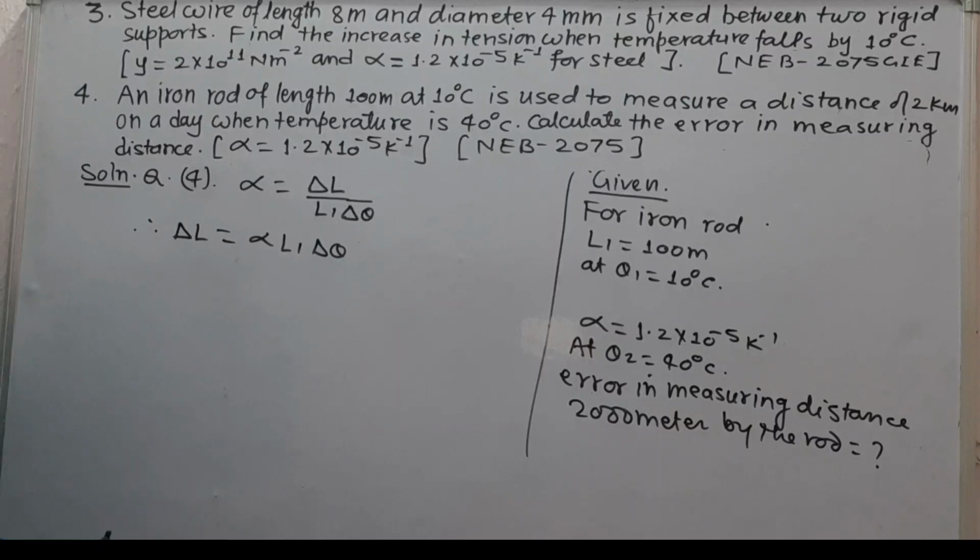Question number 4. An iron rod of length 100 meter at 10 degrees Celsius is used to measure a distance of 2 km on a day when temperature is 40 degrees Celsius. Calculate the error in measuring distance. Alpha is 1.2 into 10 to minus 5 per Kelvin.